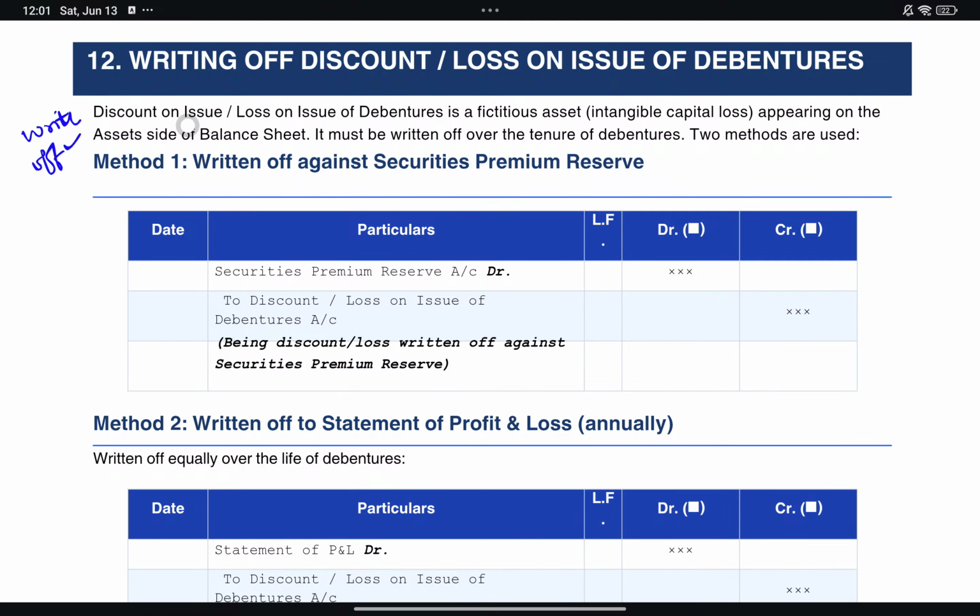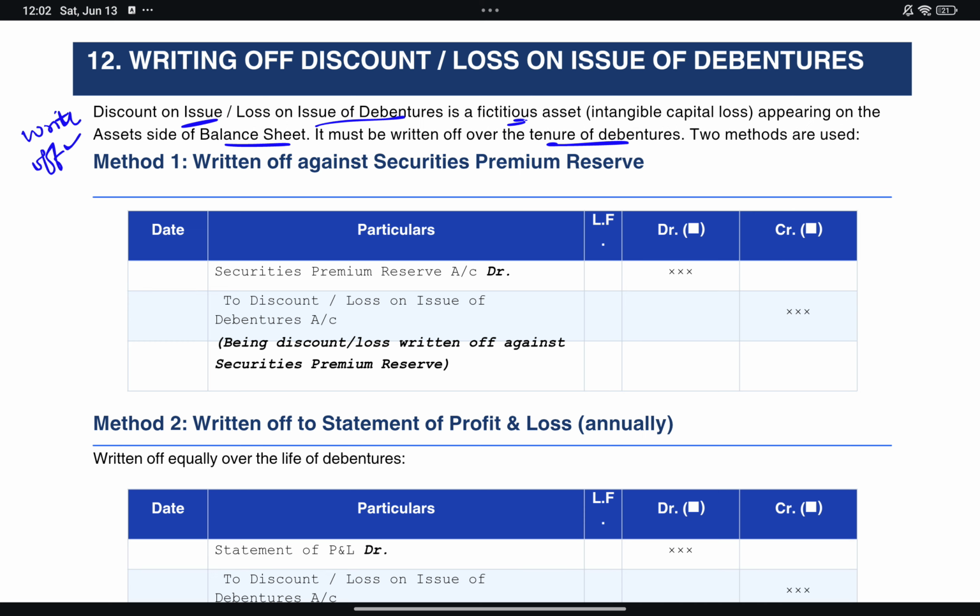Discount on issue or loss on issue of debentures is a fictitious asset. What is a fictitious asset? It is a capital loss which can't be touched physically. So it is an intangible capital loss appearing on the asset side of the balance sheet, so it must be written off over the tenure of debentures.